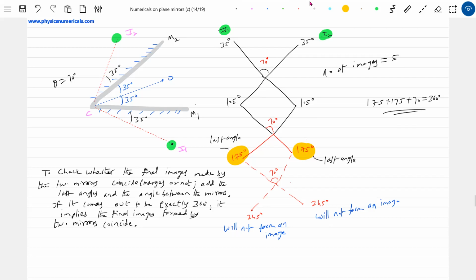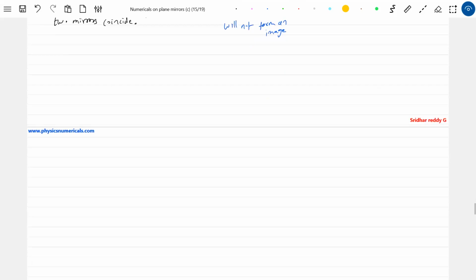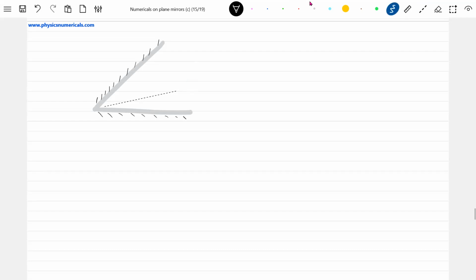Okay, this is one example that I took. Let me take the angle between the mirrors as 75. We'll see what conditions will come. And not on the bisector.